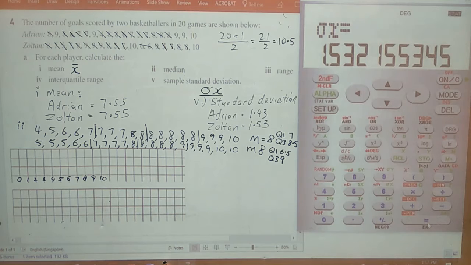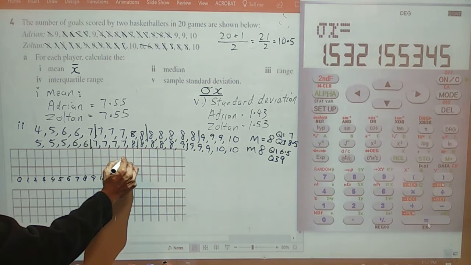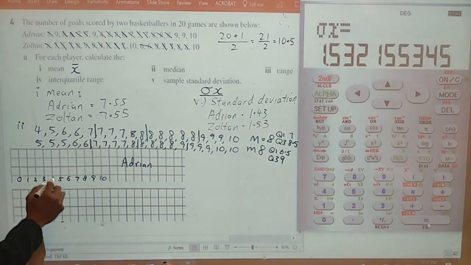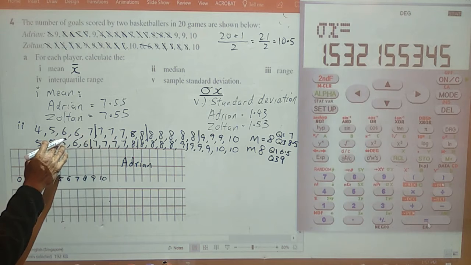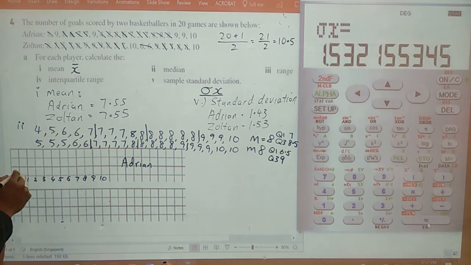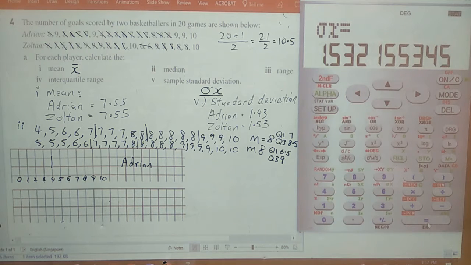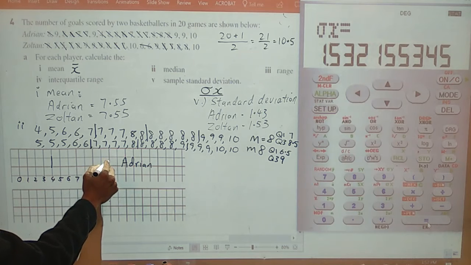All right, let's do it for Adrian first. This would be Adrian's box plot. Adrian's box plot has his lowest score, which is 4. We put a whisker there. His highest score is 10.